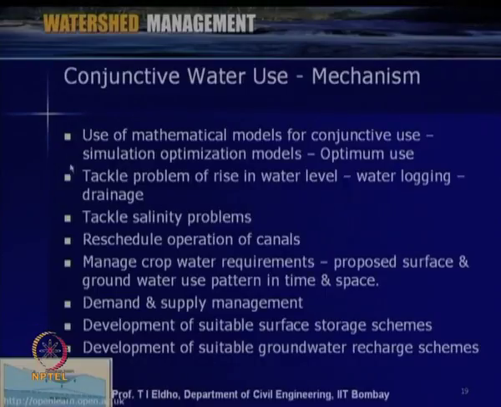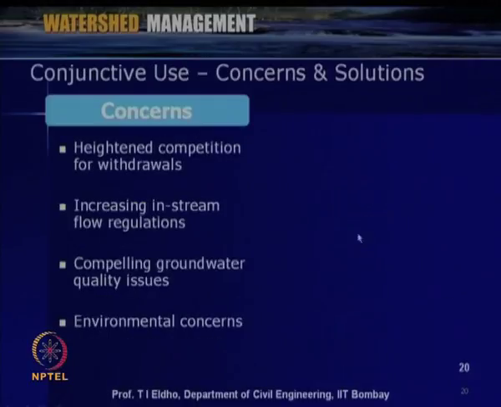Finally, conjunctive use is demand and supply management, so that sustainable management is possible. That includes development of suitable surface storage schemes, either small scale or large scale, and development of suitable groundwater recharge schemes, so that surplus water available in the monsoon or rainy season can be utilized for artificial recharge.